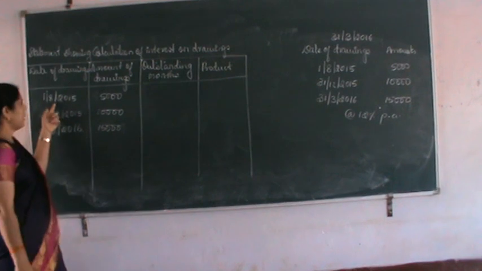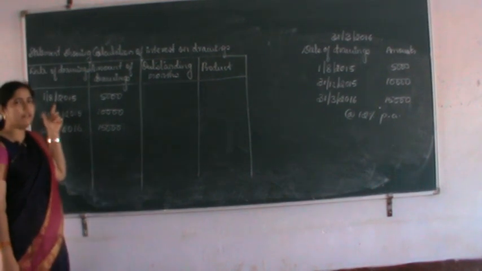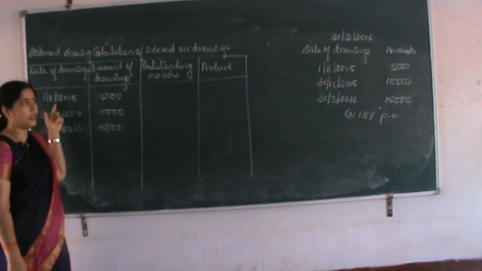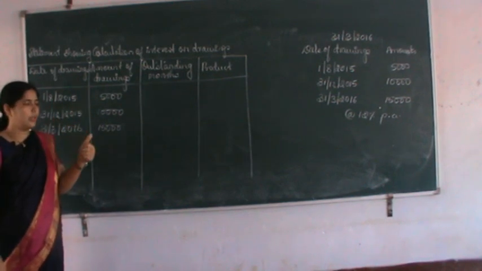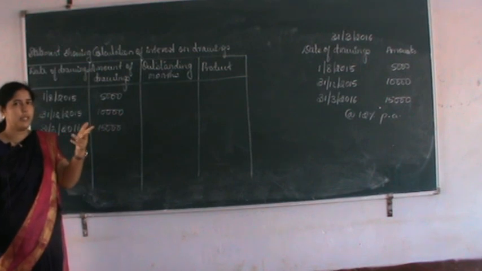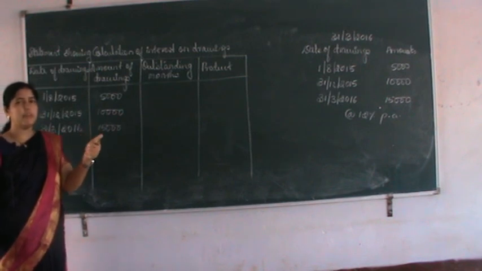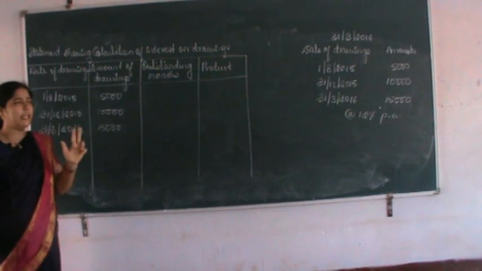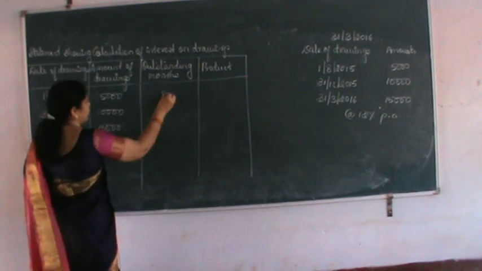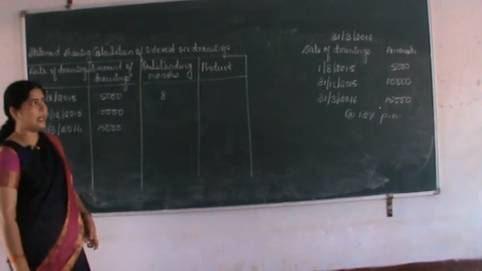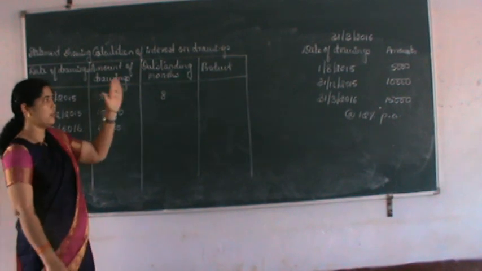See here, the partner has taken the drawings on 1st of August. And what is the time gap between 1st of August and 31st March? August, September, October, November, December, January, February, March. So it will be 8 months. So an 8 months time gap is there between 1st August and 31st March.